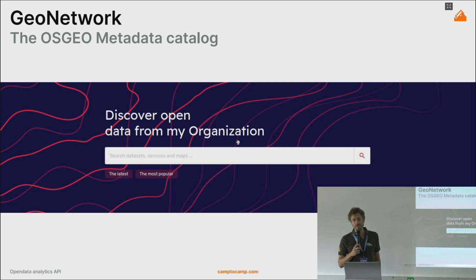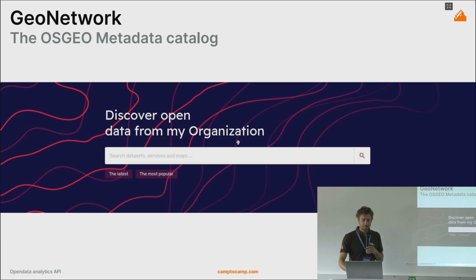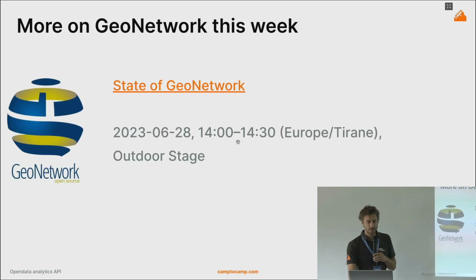And the point here is that GeoNetwork is really focused on metadata, so it's identified as a metadata catalog. And what we want nowadays is not to look for specific metadata, but to look for data, to value data and reuse the data. So it's in this move that the data API is part of.